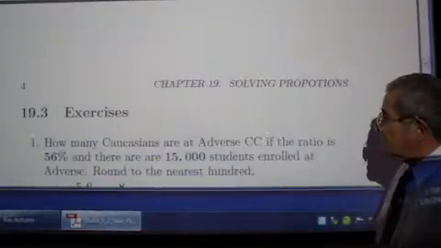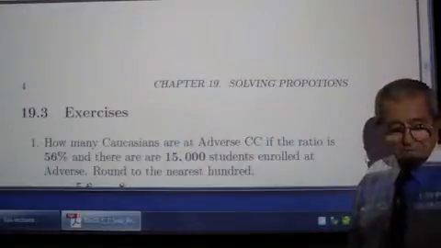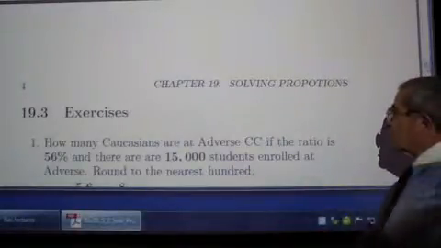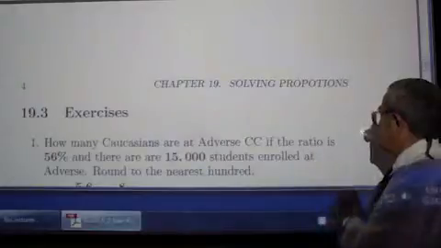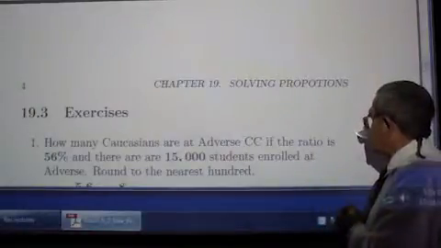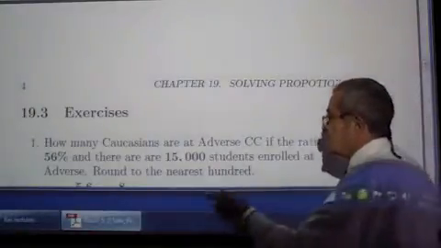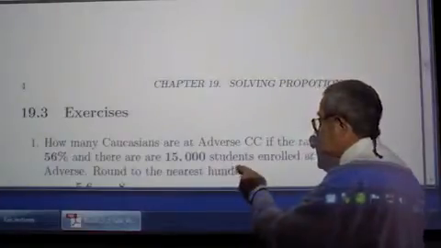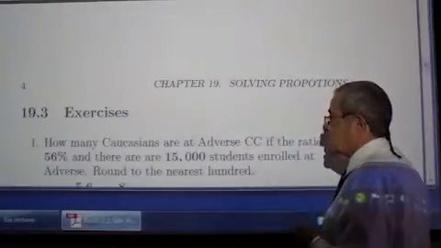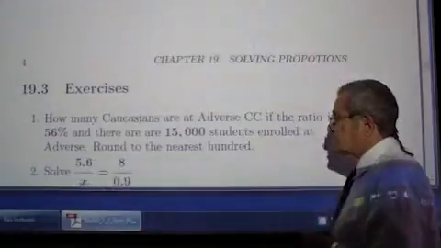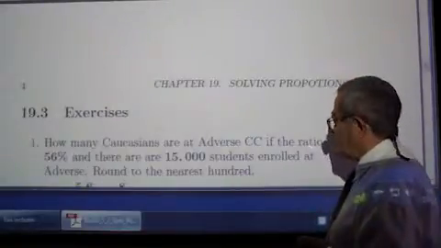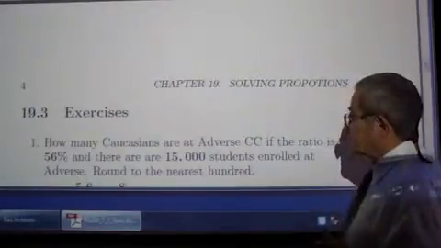And then we have exercises. How many Caucasians are at Riverside City College or community college if the ratio is 56% and there are 15,000 students enrolled? 56%, 56 per 100. Oh, I didn't want to give this away.